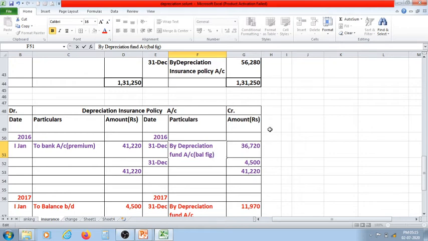So how much is that? Say 36,720. With this, the 31st December shows the balance carried down 4,500, and we tally the account. So we have recorded the journal entry for the first year.